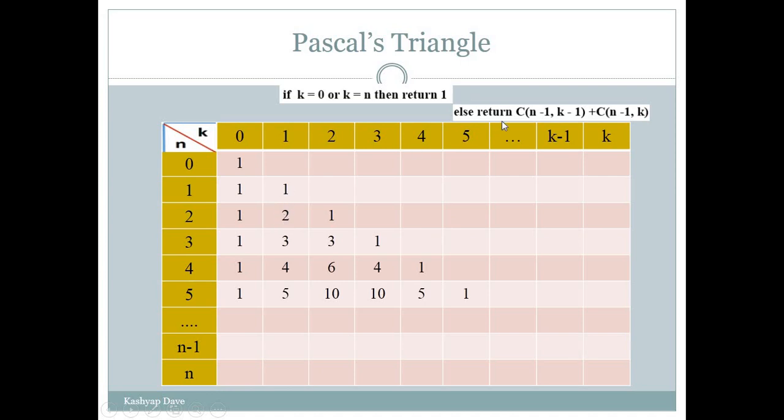For that we have to use this equation: the sum of C(n minus 1, k minus 1) and C(n minus 1, k). Our n is equal to 2, so n minus 1 will be 1, and k minus 1 means k is equal to 0, this value. Again we put n and k's values in this equation.